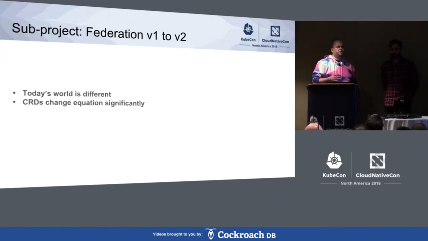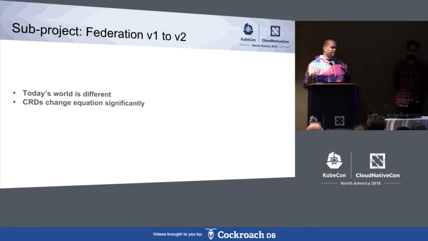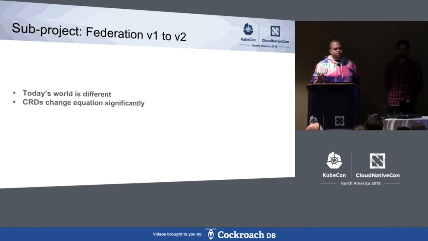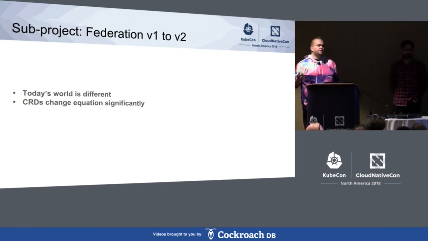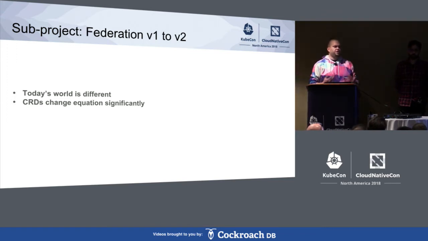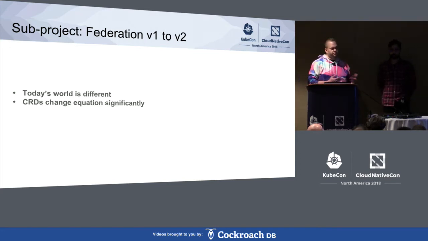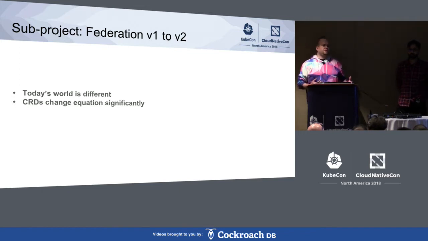So you've heard us talk about Federation as being v2. We're going to talk a lot about Federation v2 today. But one thing that we want to mention is that one of the main motivations for v2 is that we have a very different world today than when the original Federation project was created. The most salient difference is that now Kubernetes has an API surface that can be extended by Kubernetes APIs.